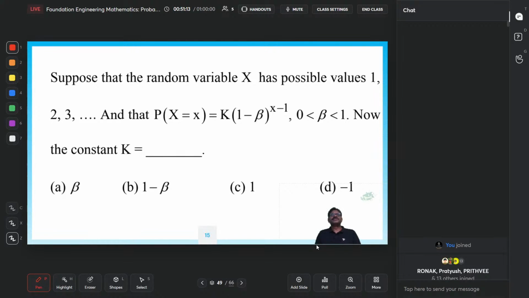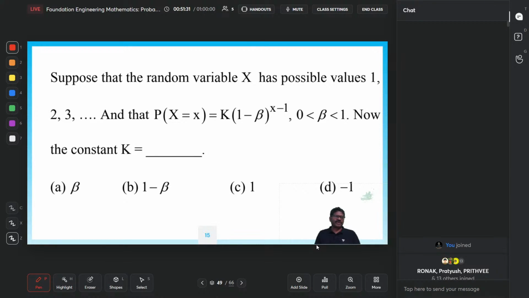Next one. Suppose that a random variable x has possible values 1, 2, 3 and so on n with the probability mass function k into (1 minus beta) whole power x minus 1.